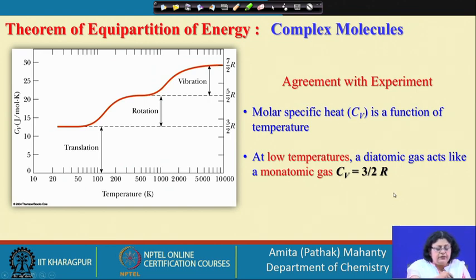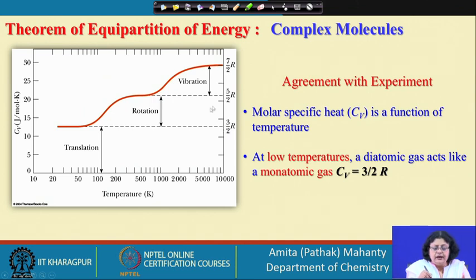So, you can see how CV varies in terms of the value of R, whether it is 3/2 R, 5/2 R, or 7/2 R. 7/2 R means obviously the vibrational contribution is there. 5/2 R means two rotational contributions and 3 translational modes are there, and 3/2 R means only the 3 translation modes are contributing.